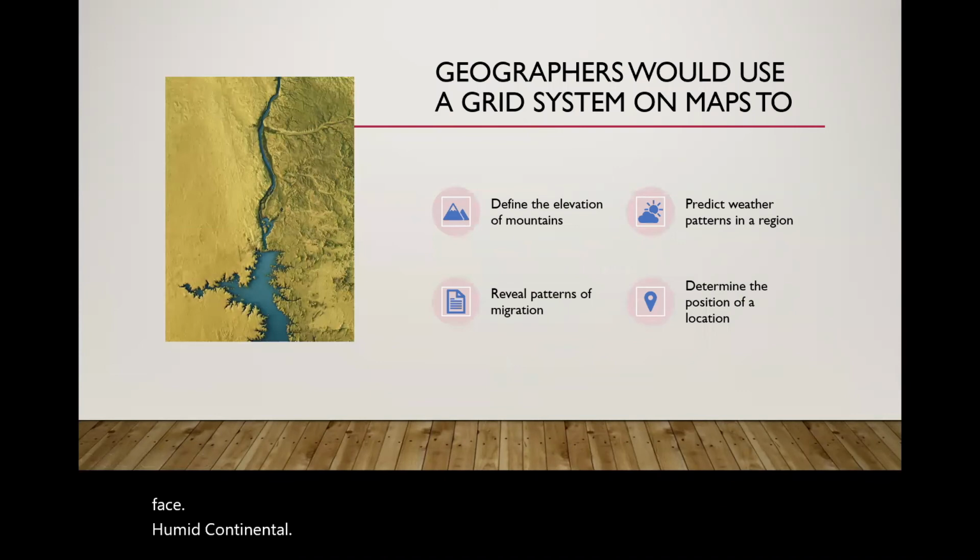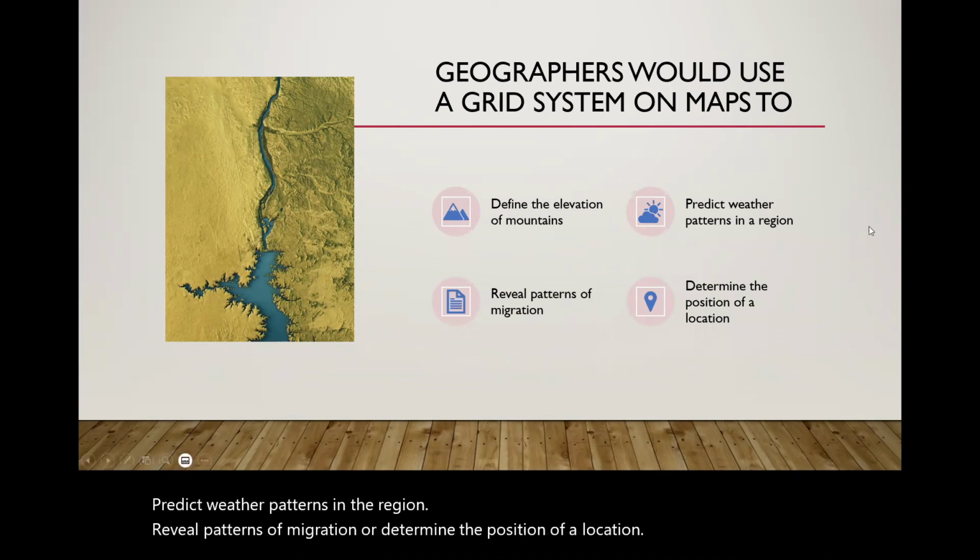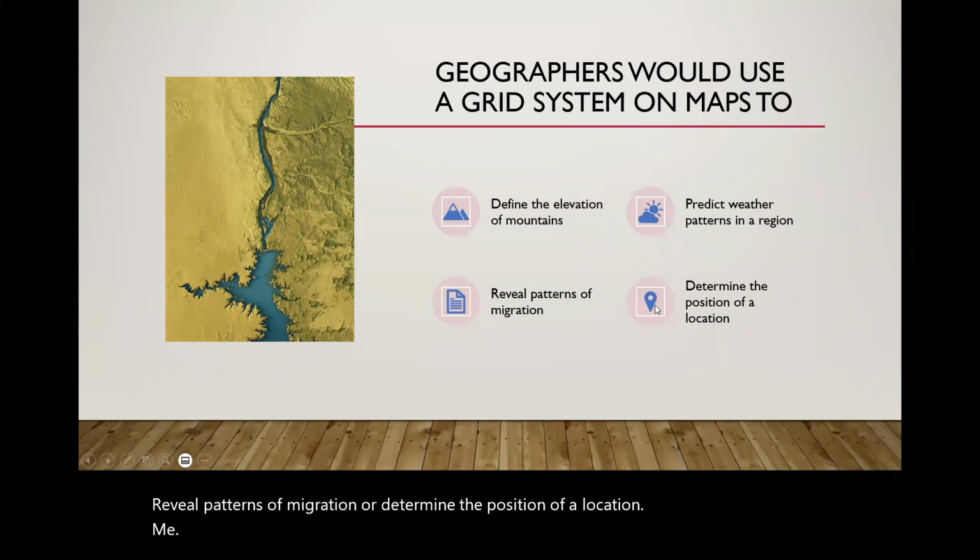Geographers will use a grid system on maps to define the elevation of mountains, predict weather patterns in the region, reveal patterns of migration, or determine the position of a location.